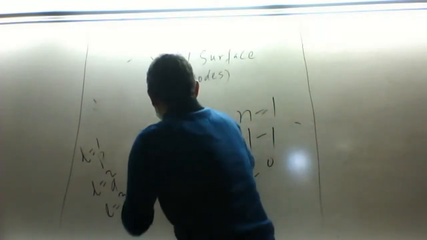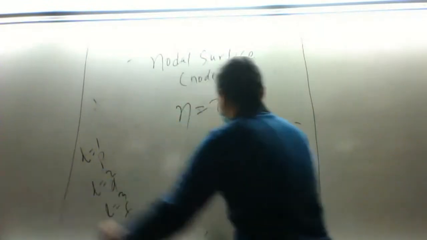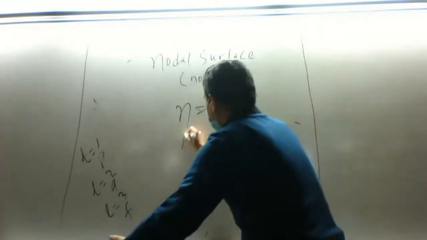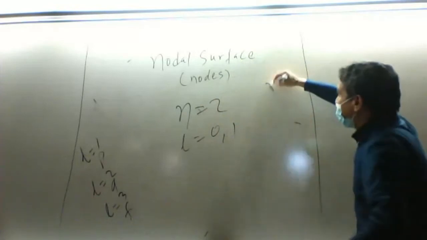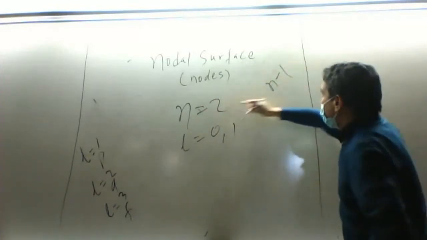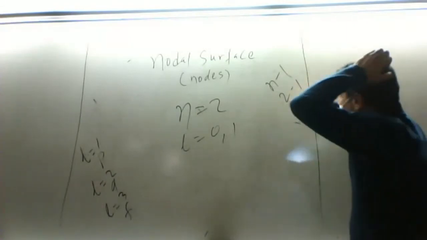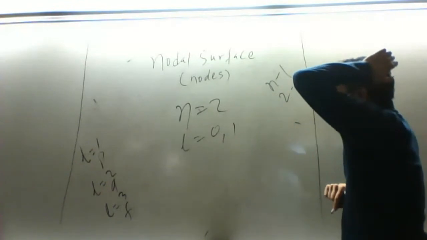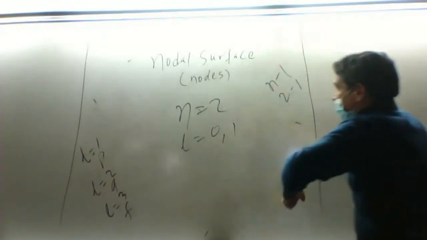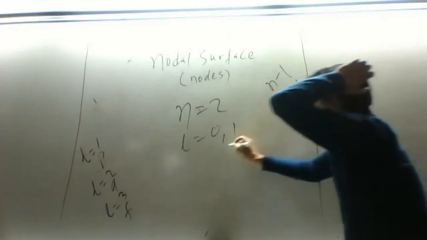P, you see now. Let's say n equals 2. Then L should be 0 and 1, right? Because the number of L values should be n minus 1. So with n equals 2, 2 minus 1 is 1, so 0 and 1, that is two values, right? So 0 and 1.